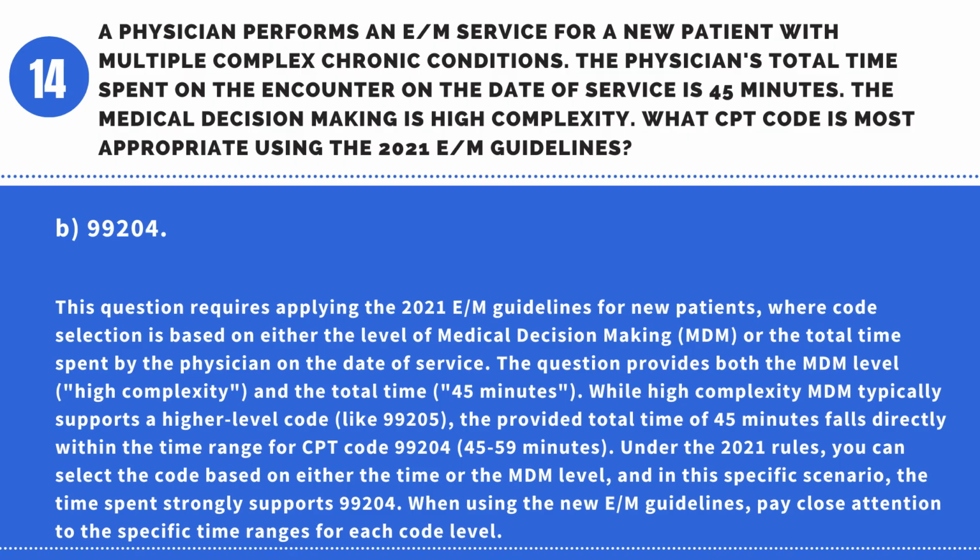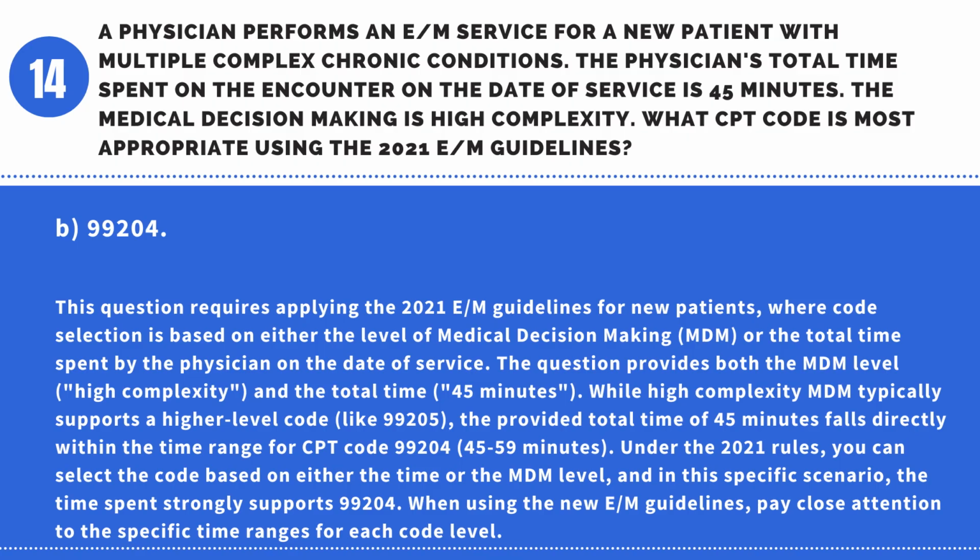Since the MDM is high, supporting 99205, and time is 45 minutes, supporting 99204, there might be ambiguity. However, high MDM generally takes more time than moderate MDM. Let's assume the question intends for you to use the factor that results in the highest justifiable code. High MDM supports 99205. Let's re-examine the options and the provided answer.